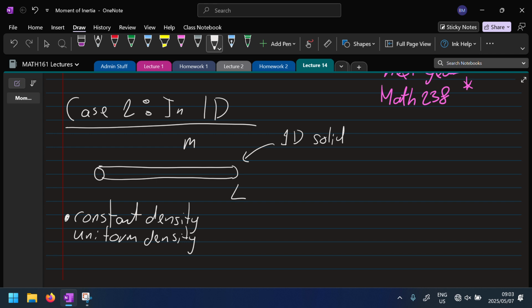In 1D, it will be mass and length because it's one-dimensional. So here, rho is the mass over length. In 3D it's mass over volume; in 1D you talk about mass over length, so it will be linear mass density rather than volume mass density.